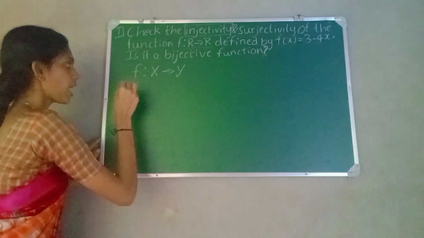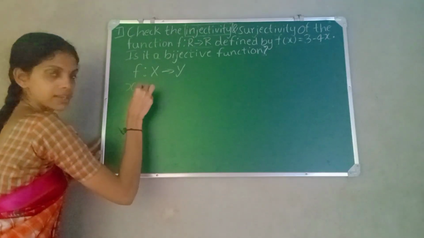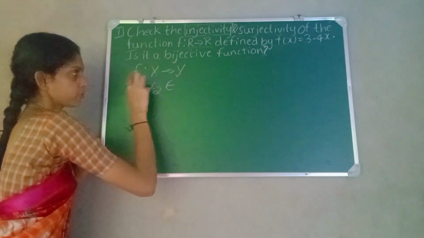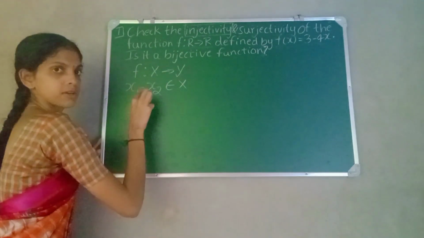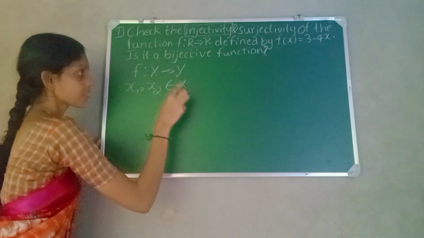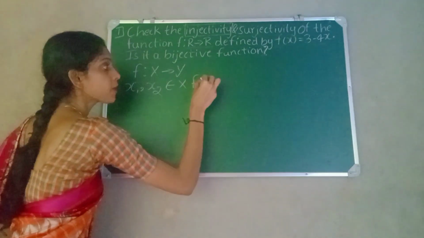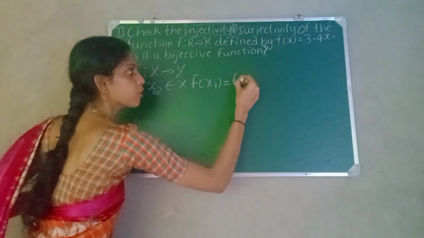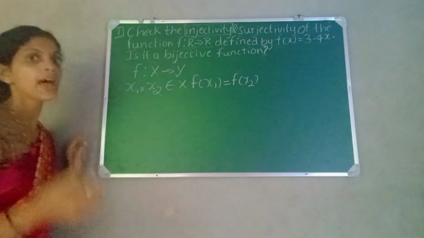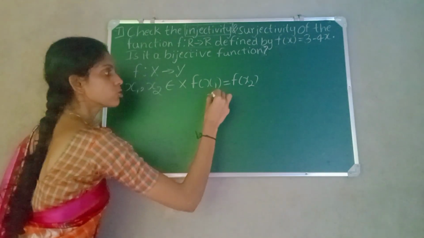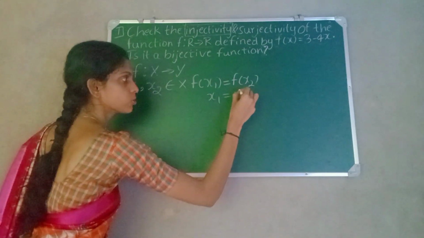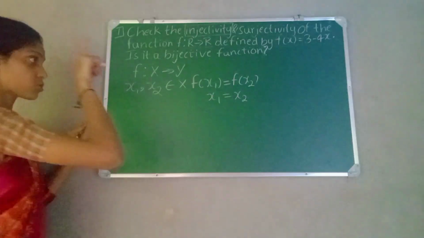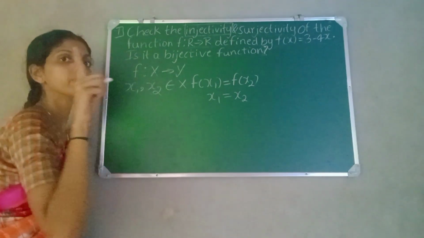To show whether the function is 1 to 1, we use a general pattern: take x1, x2 belonging to X such that f of x1 is equal to f of x2. After simplification, we have to show x1 is equal to x2. Then it is said to be 1 to 1 or injective.